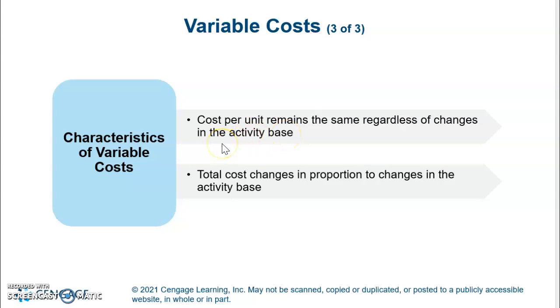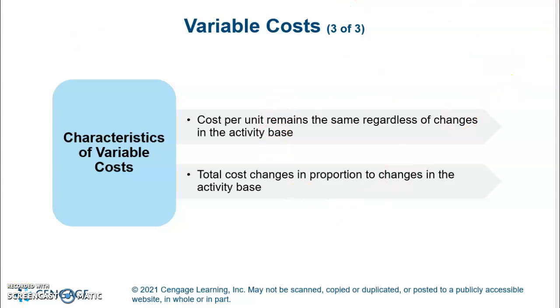So whether I make 0 units, 10,000 units, or 20,000 units, the cost per unit is still $10. And then the total cost is going to change in proportion to changes in the activity base. It's going to go up by $10 for each unit that I produce.